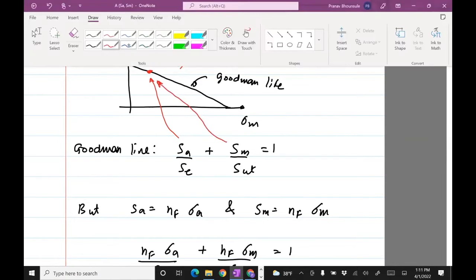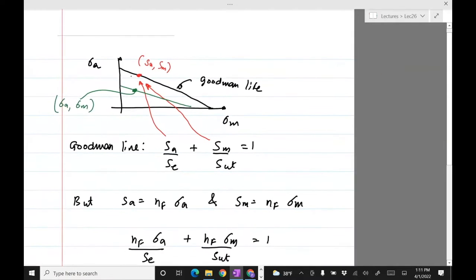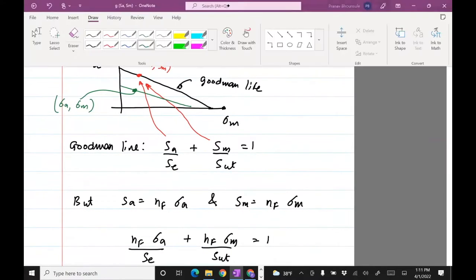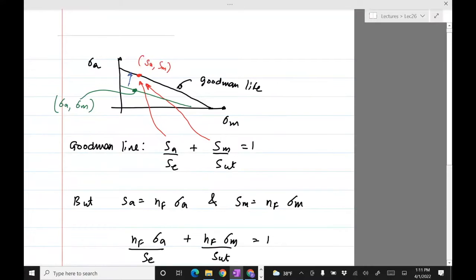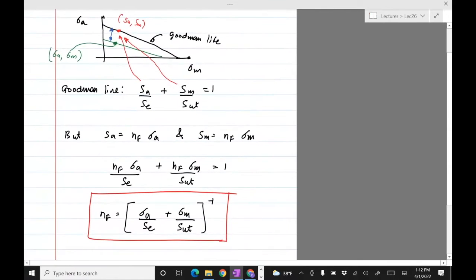And when we're designing, we're getting a line like this, and this point is sigma A, sigma M. So we have this safety margin, which will prevent the material from failing because we are not exactly on that Goodman line.